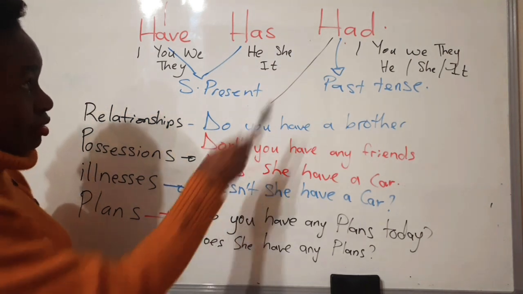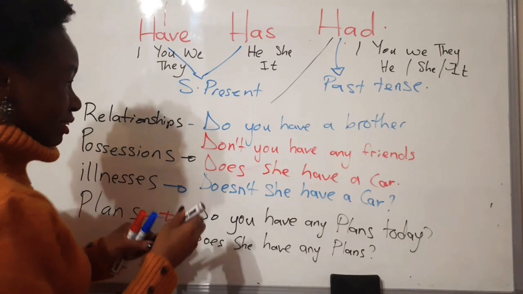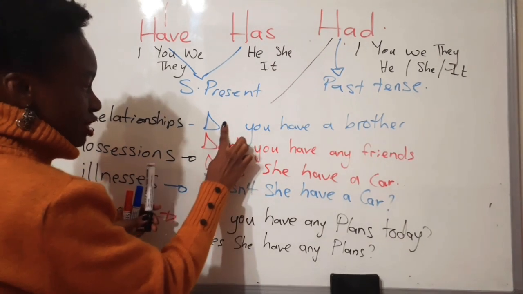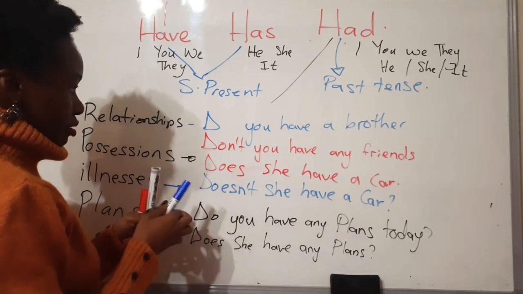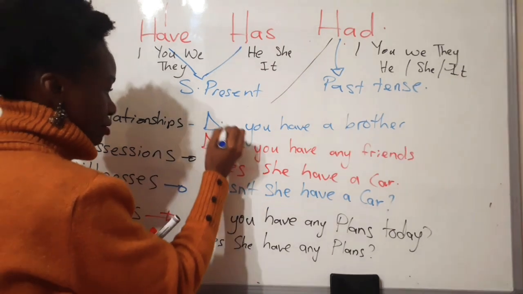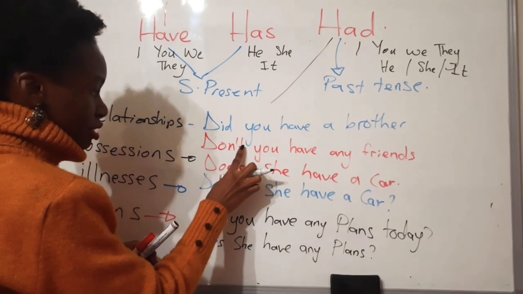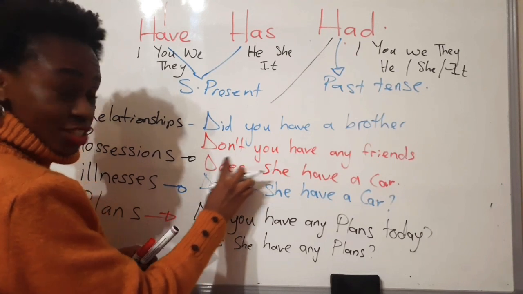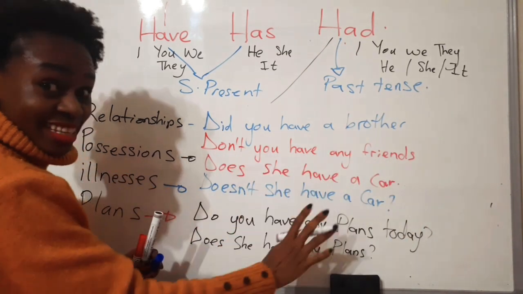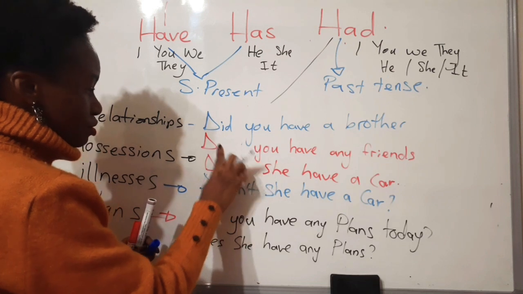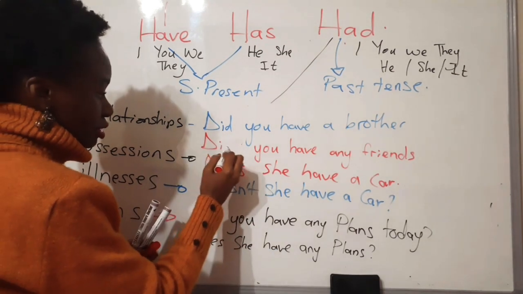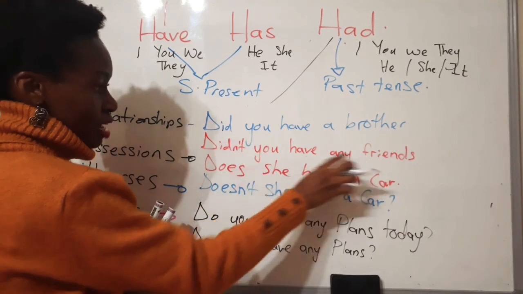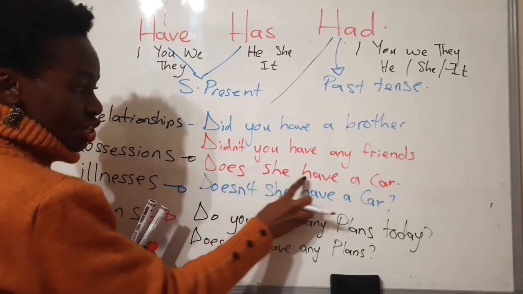I think that's all. And then the past. Did you? We just change this and say, did you have a brother? And here we said, didn't you? This is the same. So didn't you have any friends? Does she have a car?